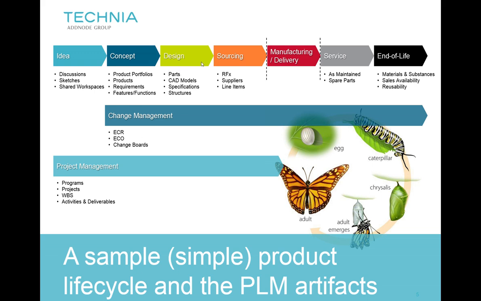So with the introduction of PLM, you had earlier phases of concept design and portfolio management, where you defined your products as a set of features that you wanted to bring to the market. And the features, in their turn, were realized by parts, software parts or hardware parts, in your actual designs.